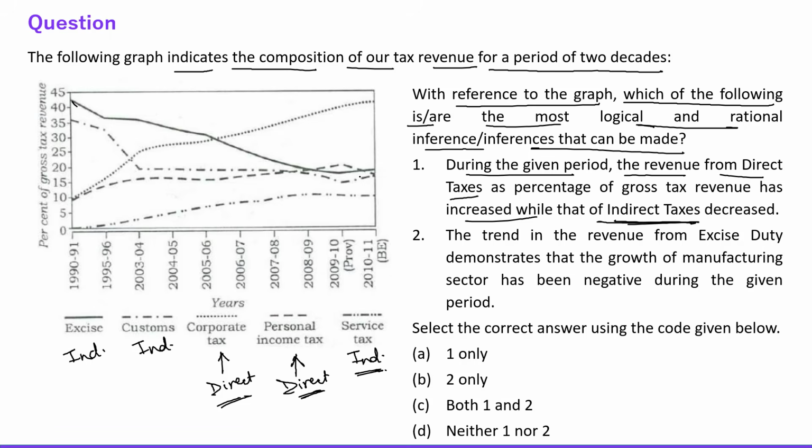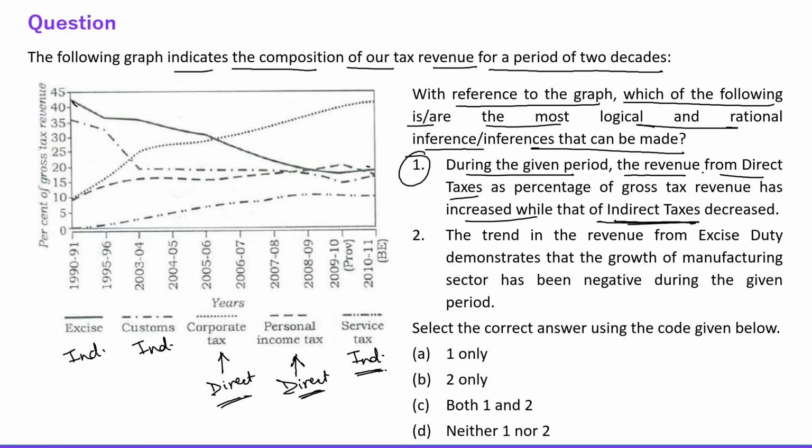Customs tax is also decreasing and corporate tax is increasing. So direct tax is increasing, and income tax is also increasing. And what about service tax? Service tax is increasing a bit, but obviously with respect to corporate tax and income tax, it is less. So yes, the first statement is correct.